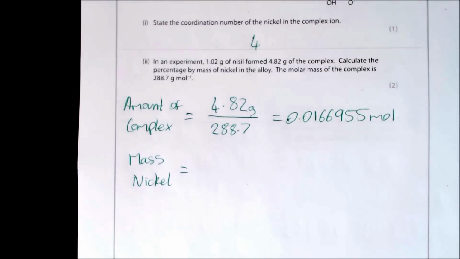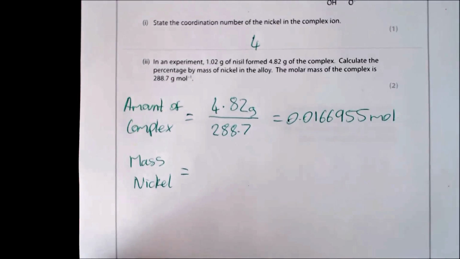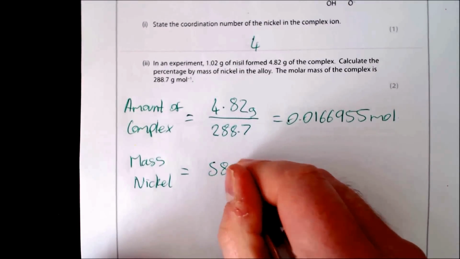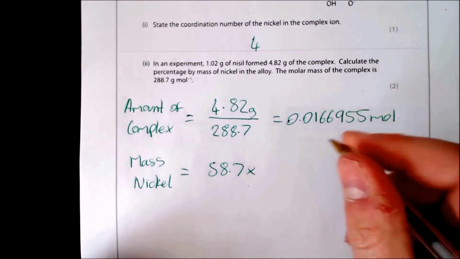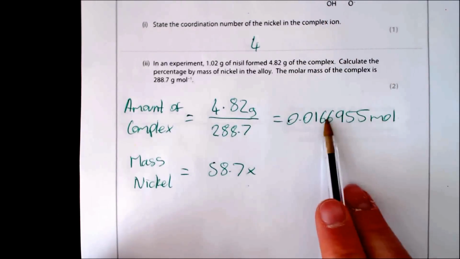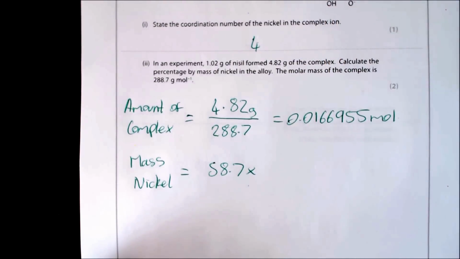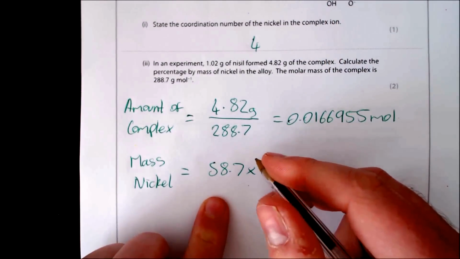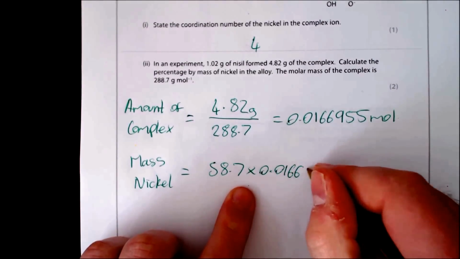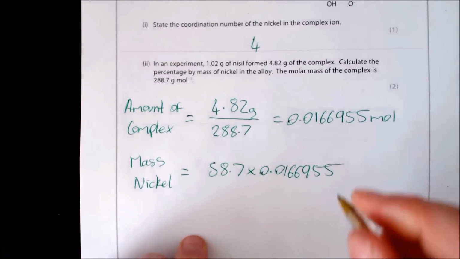So that's going to be 58.7 multiplied by the number of moles in the complex. Remember, that's also the number of moles of nickel, because obviously you have one nickel for every complex. So that's going to be 58.7 times by 0.016695.